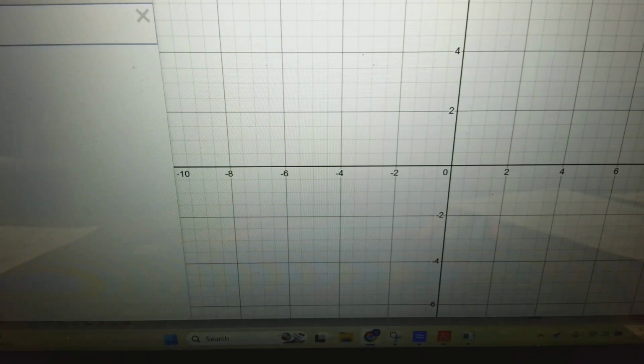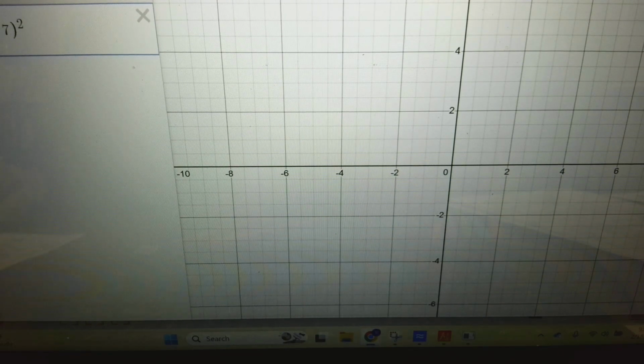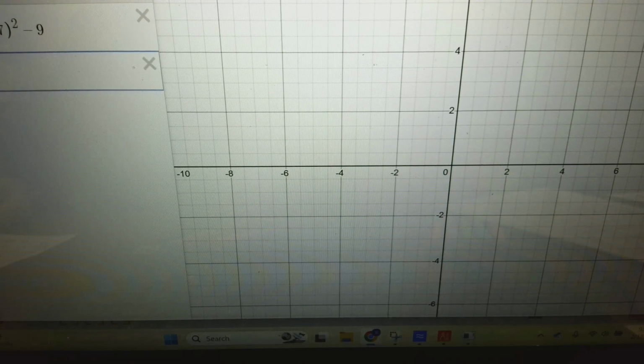Okay, we're going to come over here and graph the first one as f of x, close my parentheses here, equals negative 2 times x plus 7 squared minus 9. I've got to get rid of this little 0 here. There we go.